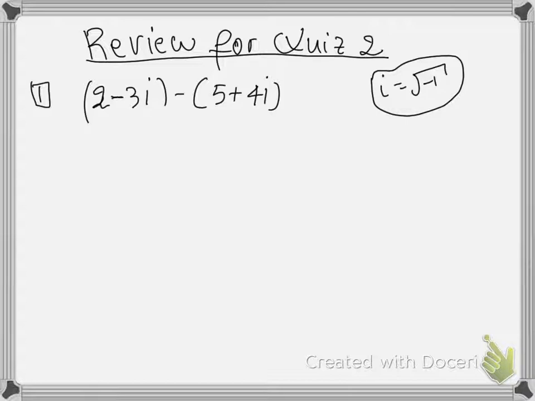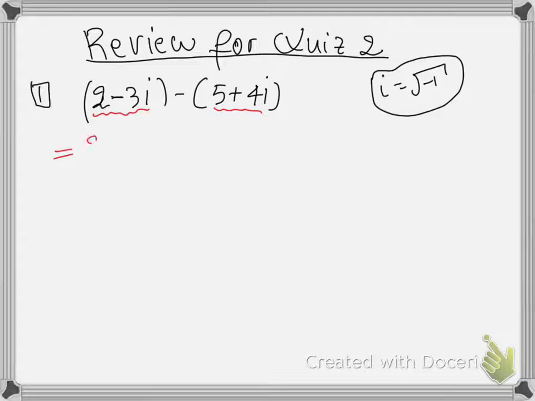So we have (2 minus 3i) minus (5 plus 4i). Recall that when we subtract complex numbers, we're going to combine like terms. So we're going to combine the constant numbers together and the imaginary numbers together.